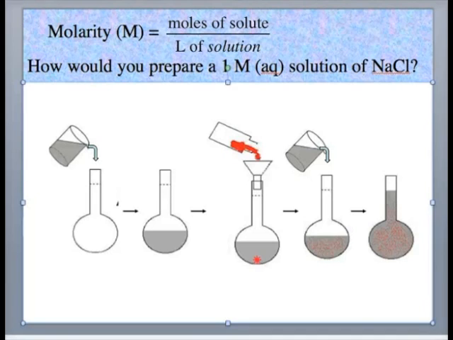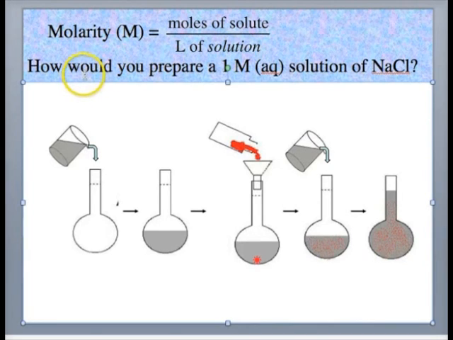The solvent is the substance in the majority. Together, the solute plus the solvent form the solution. And molarity is a very important way of defining the concentration of that solution. Molarity is defined as the moles of the solute per liter of solution.